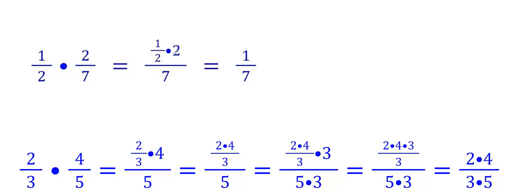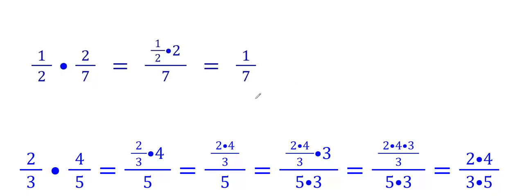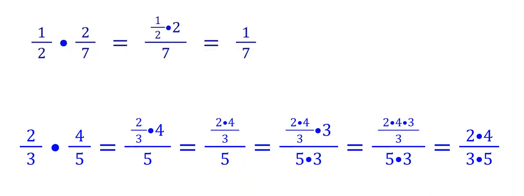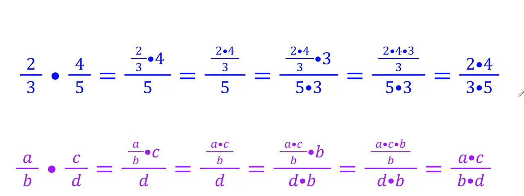I multiplied it into the top, and 1/2 times 2 is the same as 1/2 of 2, which is 1, and we get what we expected, that half of 2 sevenths is 1 seventh. So it doesn't matter if it's a fraction or an integer, multiplication goes into the top of a fraction. It multiplies the numerator.